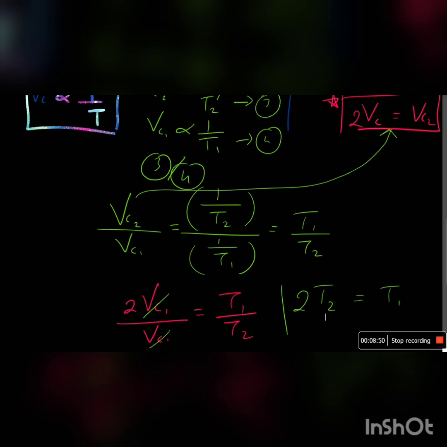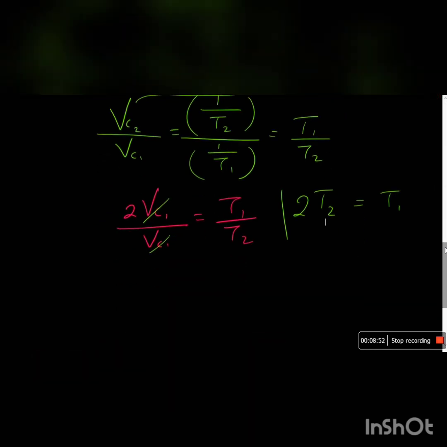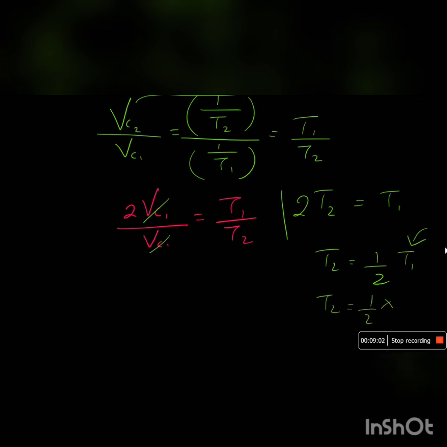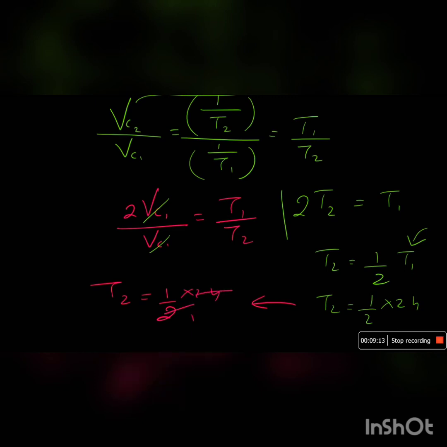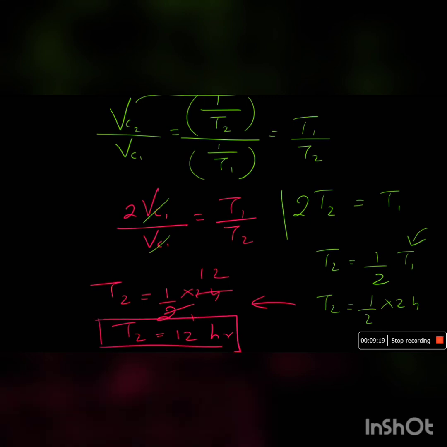Or we can also say that T2 is half of T1, and we know the value of T1. T2 is half of 24 hours, so T2 is approximately 12 hours.